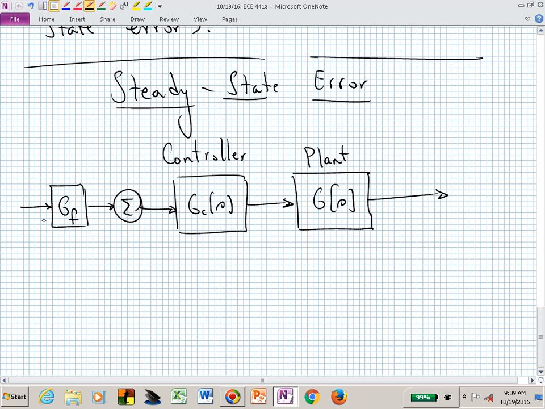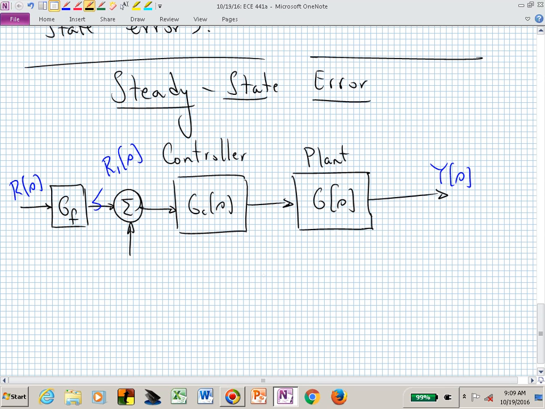Let me call it G sub F. And then we have our signals, our output signal, our input signal, and maybe to help us, we might call this R sub 1 of S, since typically we don't have that preceding transfer function in front of our summing junction. But in general, let's assume that we have one.